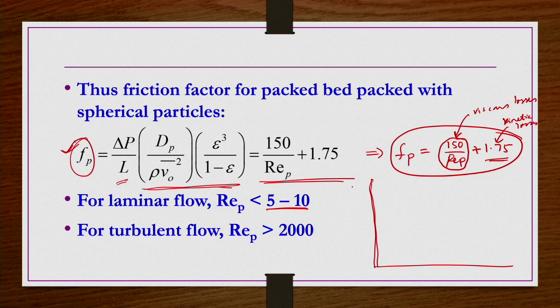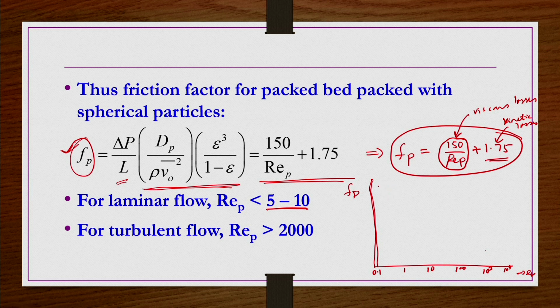So, if you plot f_p versus Re_p, with 0.1, 1, 10, 100, 10 cube, 10 power 4 on the axis, it should look something like this.